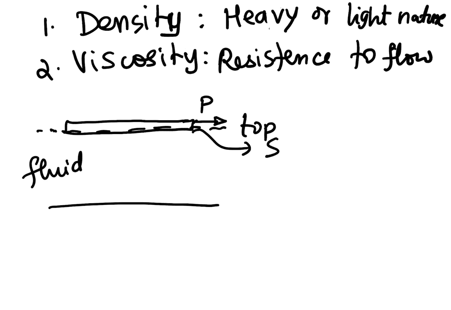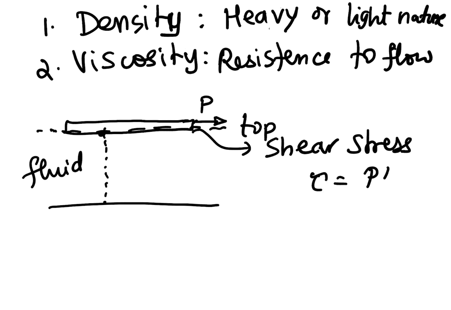That's why this exerts a shear force or a shear stress on the liquid. For the applied shear stress, if suppose there were a layer of liquid here, if this point by application of a shear stress tau, which is P divided by A, is moved to another point from B to B dashed.